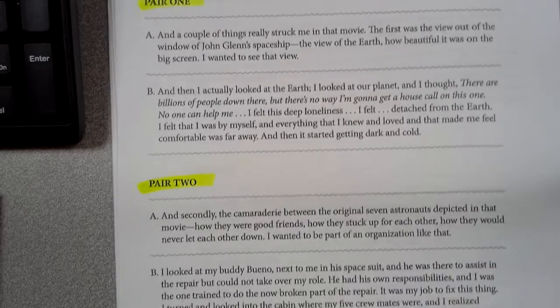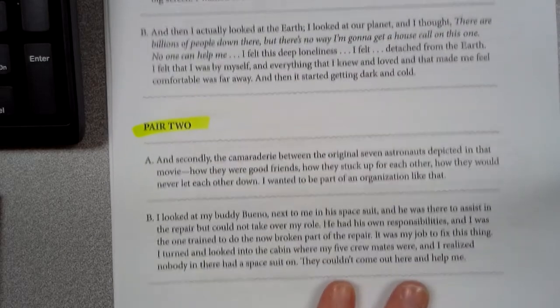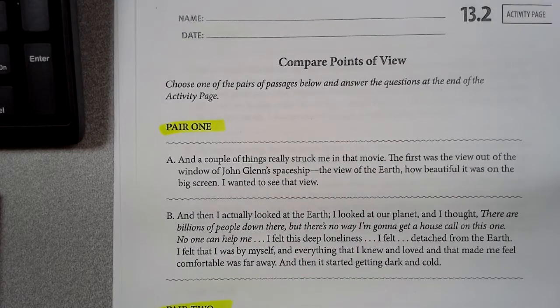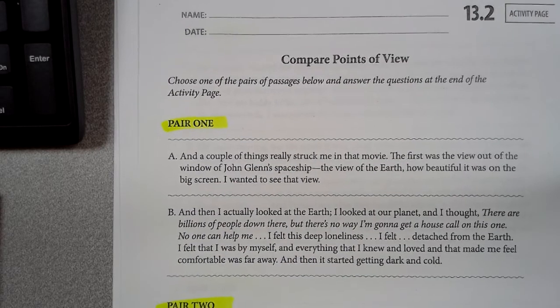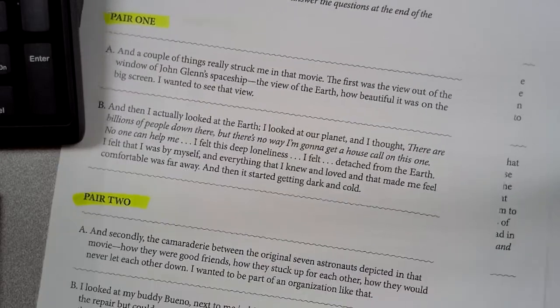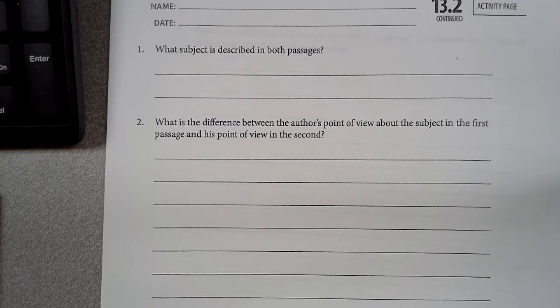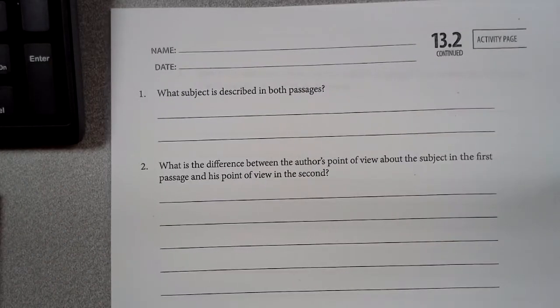So you're going to read each one of these pairs of passages. Once you read them, you are going to choose one that you want to use to answer the questions on page 153. Once you get to page 153, that means that you have read all of the excerpts and that you are choosing which pair you want to do.